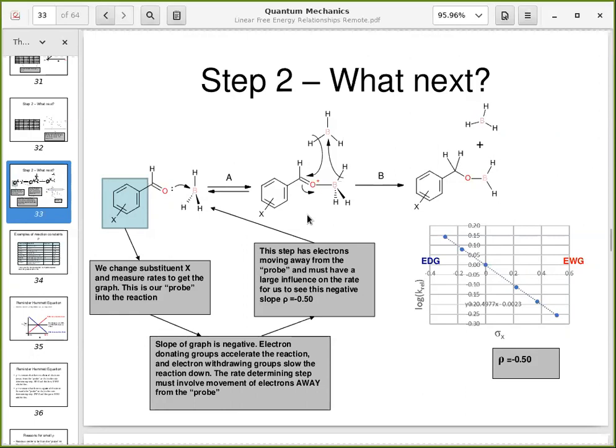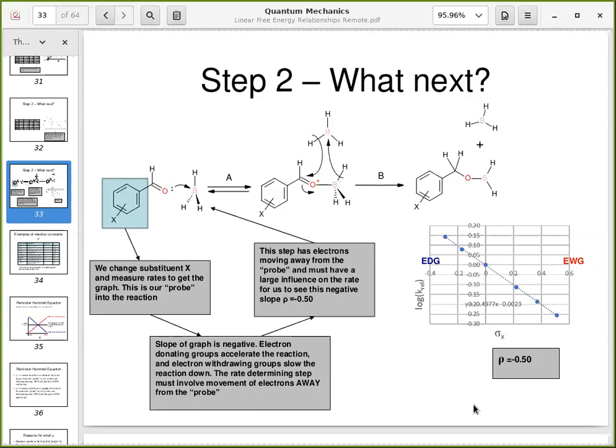Yes, it certainly looks like it. So I might revise my whole conclusion by the size of rho here. And the size of rho is suggesting to me that there might be both a loss and gain of electrons in this mechanism. And if there's both a loss and gain of electrons in this mechanism, then the reaction constant is going to be small.